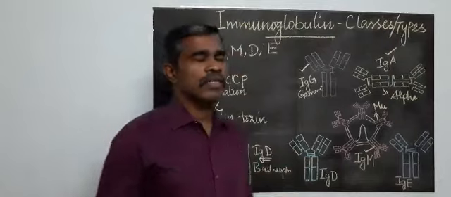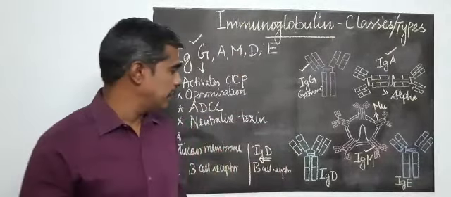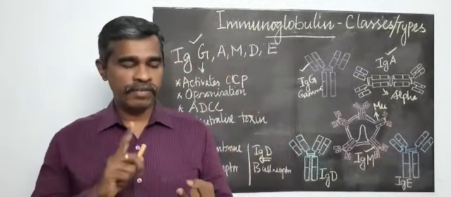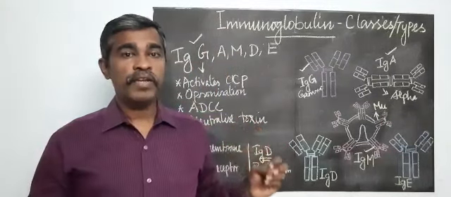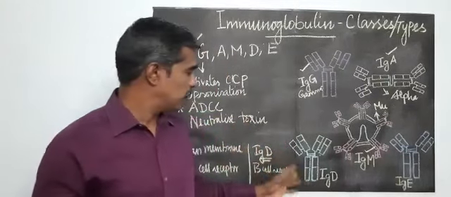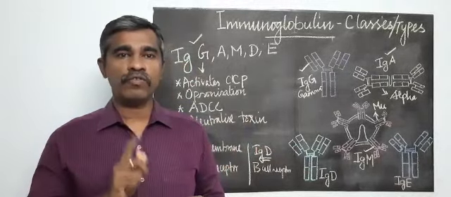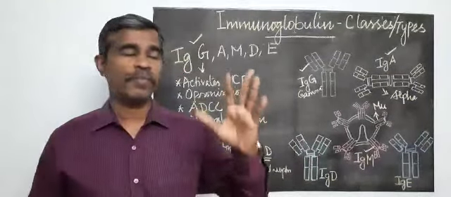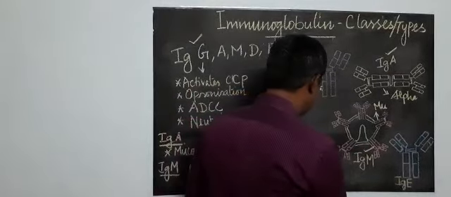And this IgD is also playing a very important role in the activation of the B lymphocyte, and the activation of the mast cells also. It activates the B cells, and it also activates the mast cells which execute the process of immunity. And the heavy chain that is present in IgD is of delta type.